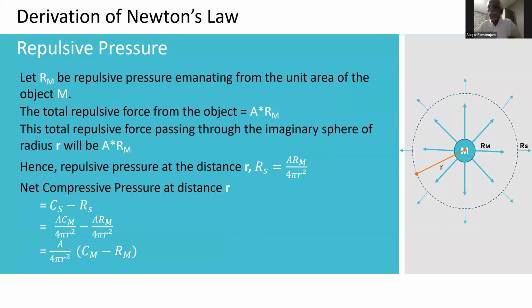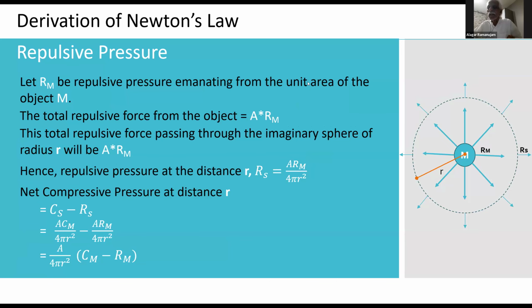This formula has a very unique feature in the sense that this is the first formula we have where on the left hand side we have the mass which belongs to the universe, the mass. On the right hand side we have the parameters of the space.